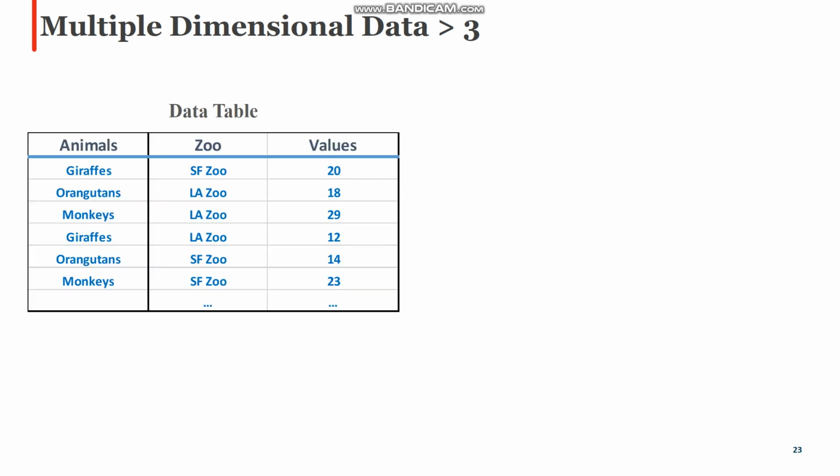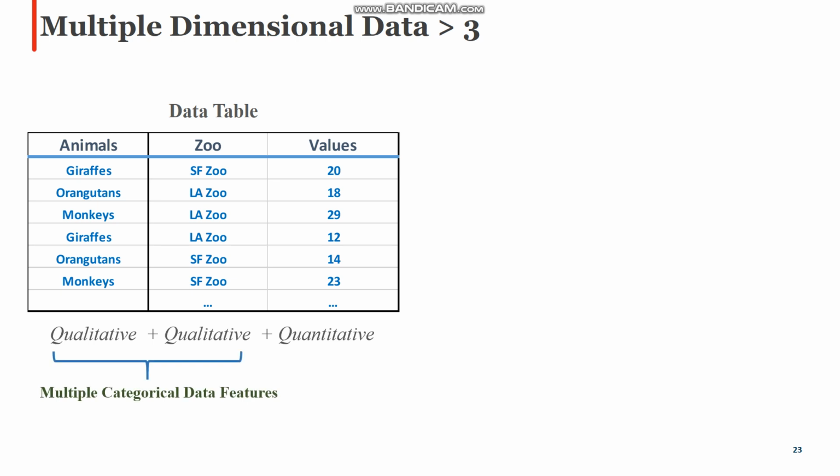So if there is any design principle here, sure we have. Let's consider this example here. In this data table, we have two qualitative data variables, the animal and the zoo, plus one column of quantitative data variable. So for a given pair value of animal and zoo, there's a unique value mapping to that.